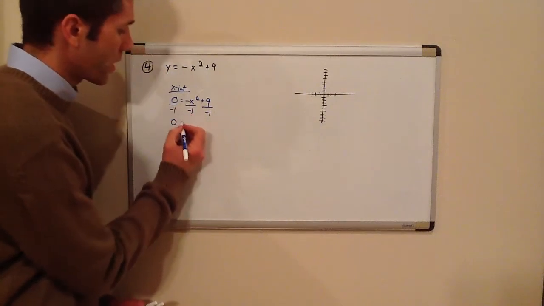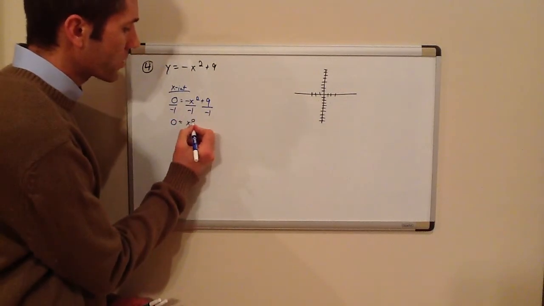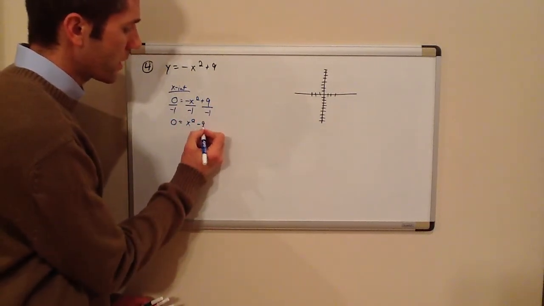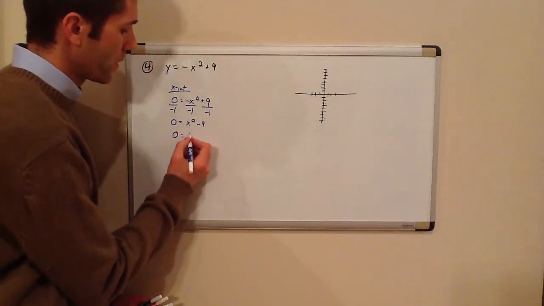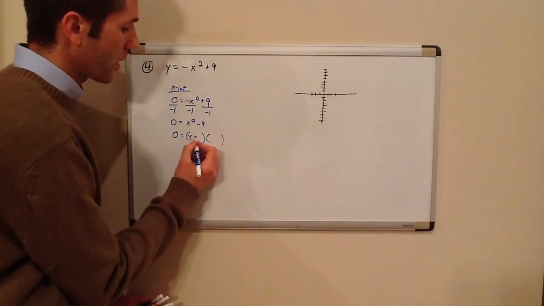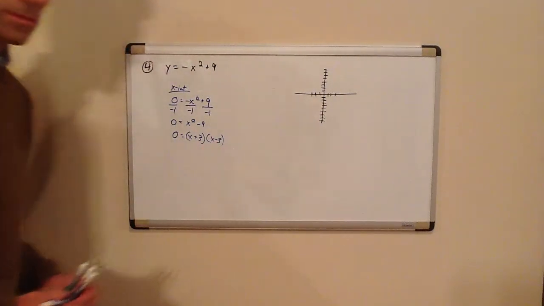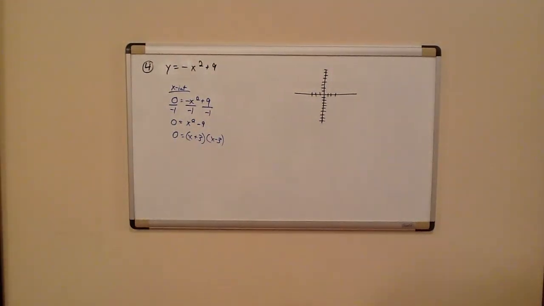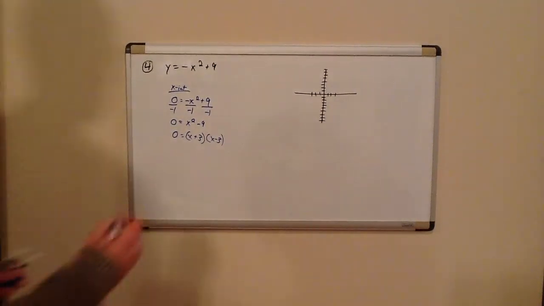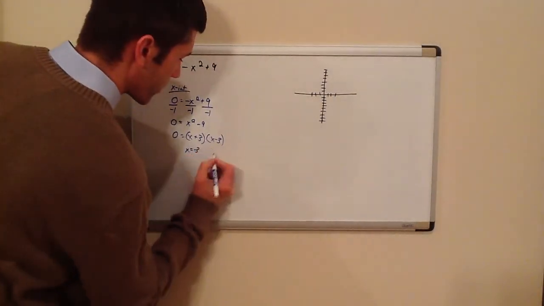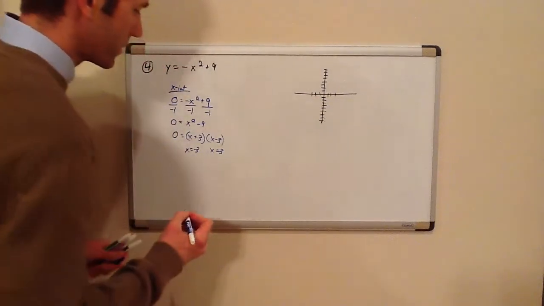That way, 0 over negative 1, of course, is 0. x squared minus 9. And you're going to get x plus 3 and x minus 3. So we have x equals negative 3, x equals positive 3.